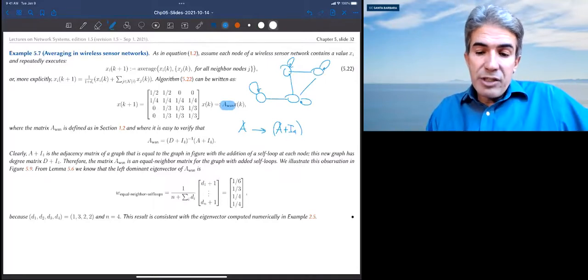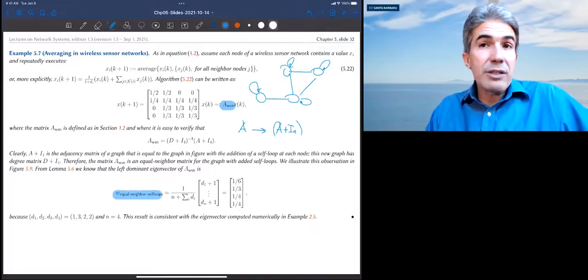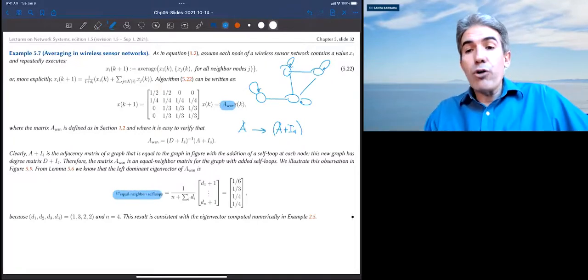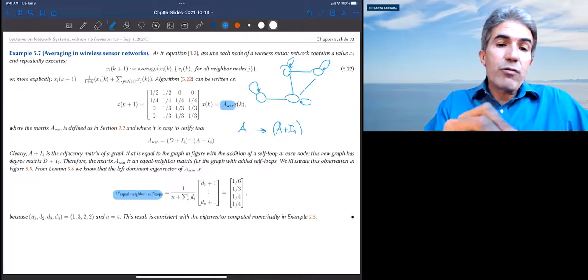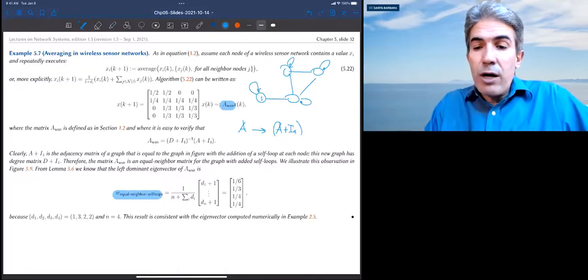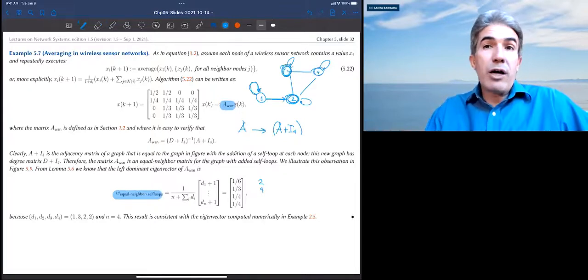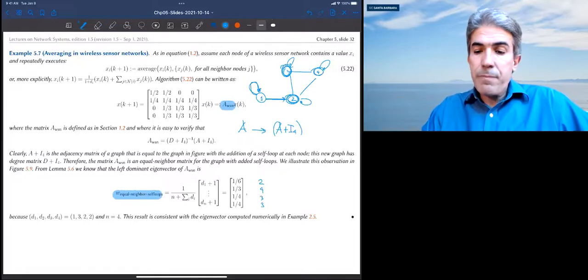Now what that means is that my w vector for the WSN matrix is equal to what? The vector of out degrees plus 1, because I've added self loops. Notice this is node 1, so there's one node going to 2 and a self node. So that number is 2. For node 2, I have the value 4, and for nodes 3 and 4, the degree is 3 and 3.